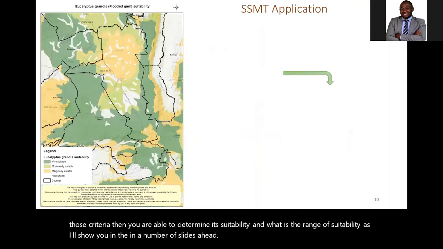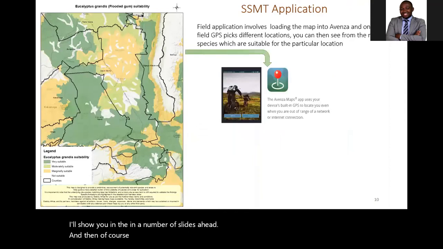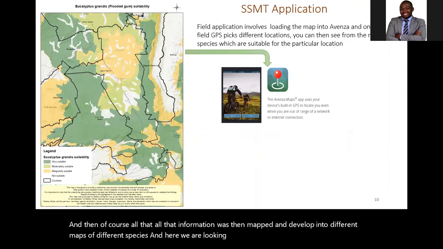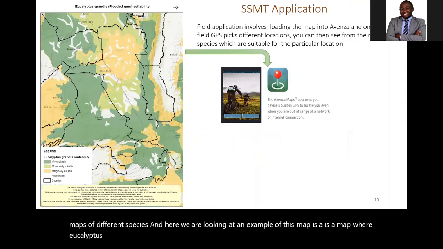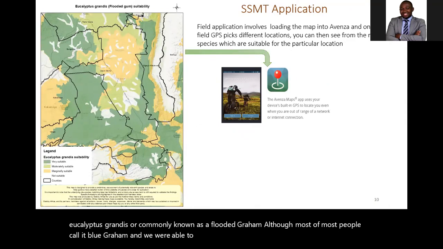Then, of course, all that information was mapped and developed into different maps of different species. And here we are looking at an example of this map. Here is a map of Eucalyptus grandis, commonly known as flooded gum, although most people call it blue gum. And we were able to see some sections of the country and determine what would be the suitability and what would be the range.